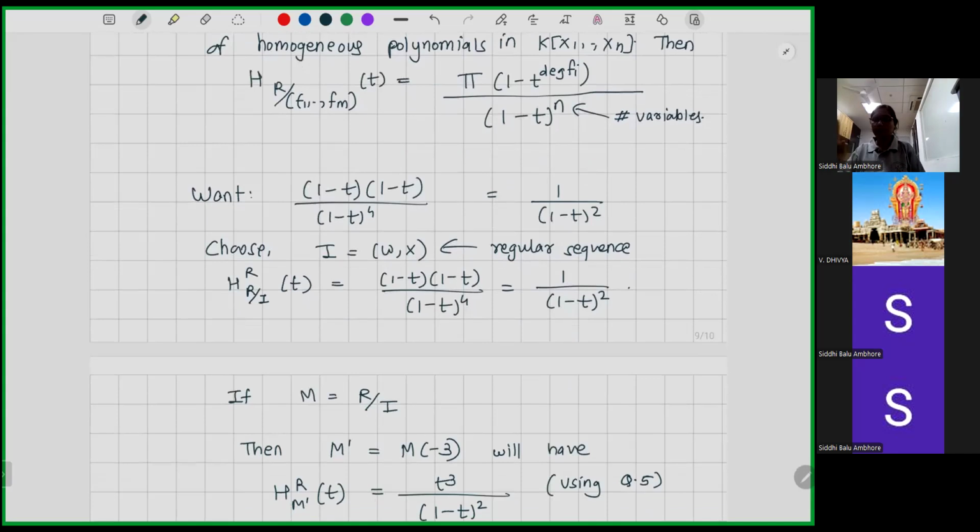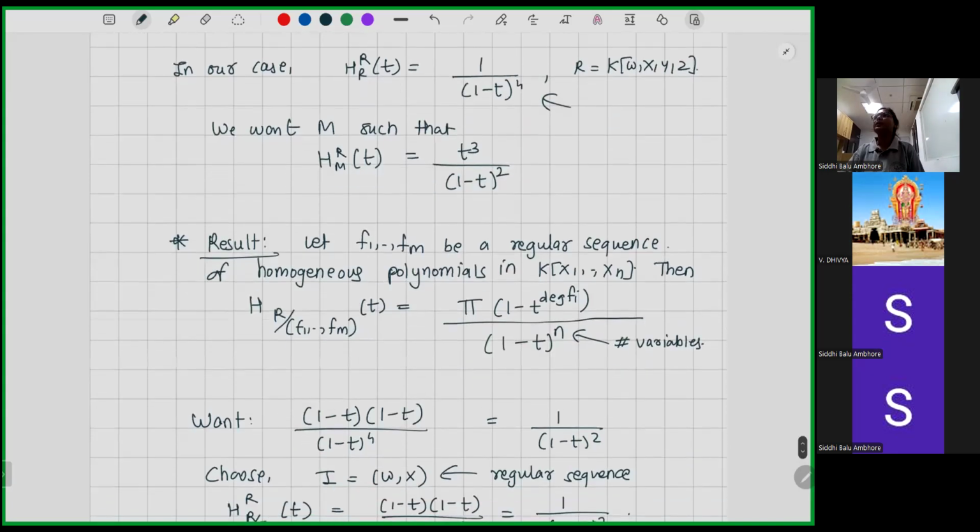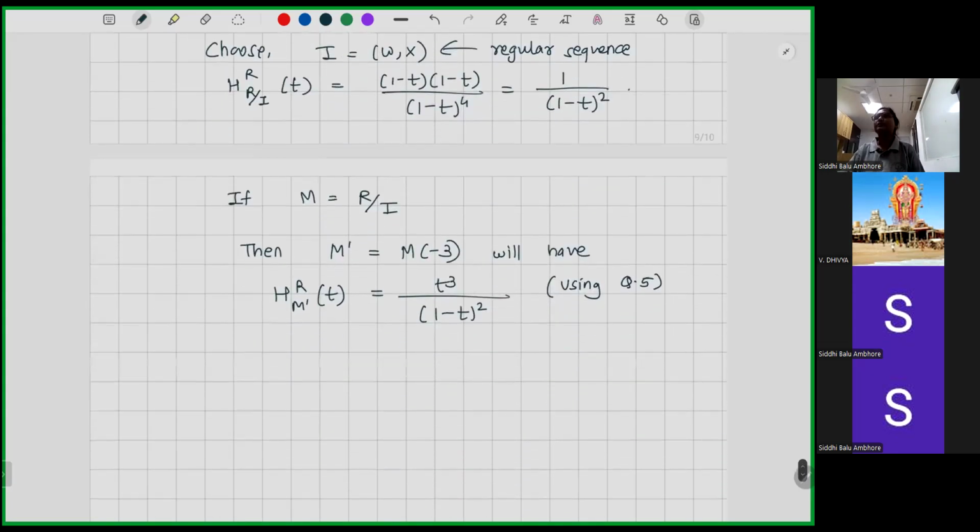It is free over R. R is a free module over itself, so R quotiented by it is again a free module, and we are just shifting a degree. That doesn't change the freeness of our given module, which is R mod I. So this is a free module.